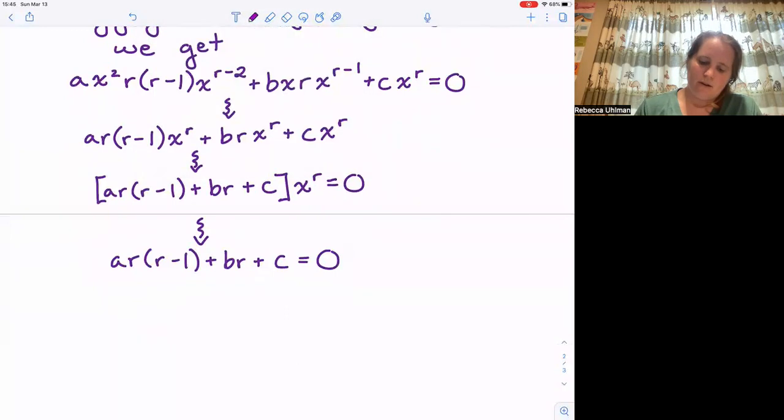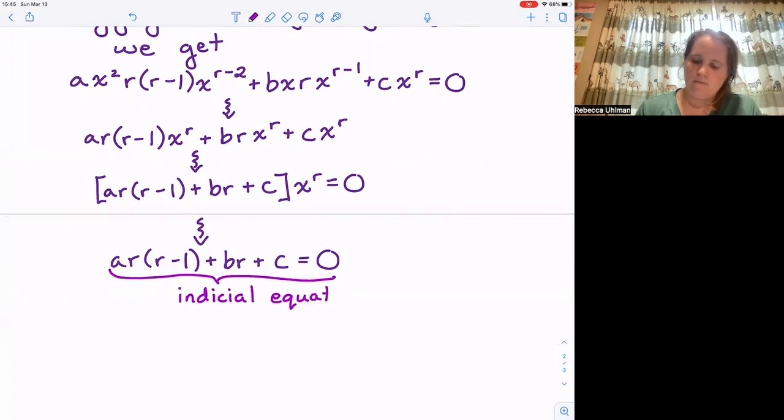This equation here is referred to as the indicial equation. The ar times r minus 1 plus br plus c is referred to as the indicial polynomial.